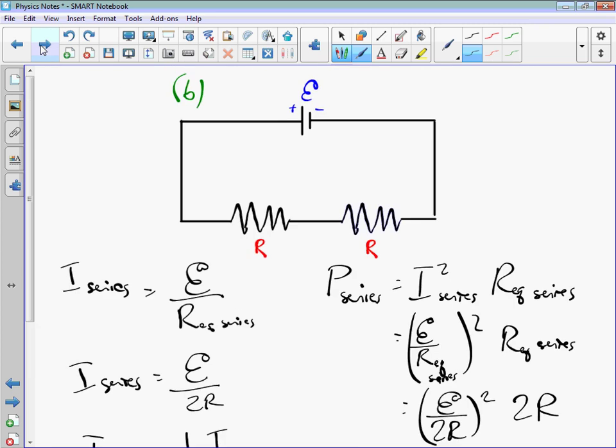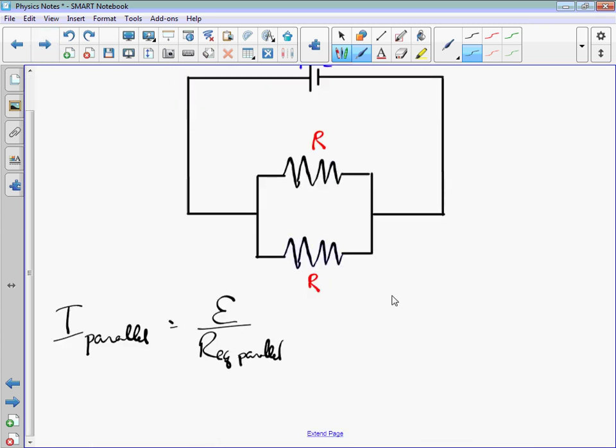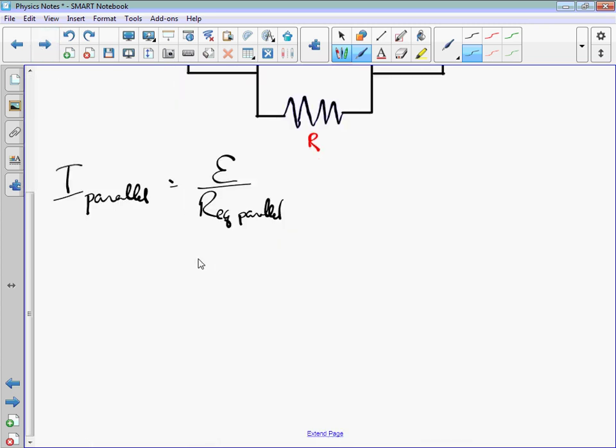So, move forward. This is equal to my current in parallel. If I do some rearranging, I have to relate this to the current of the one bulb system.